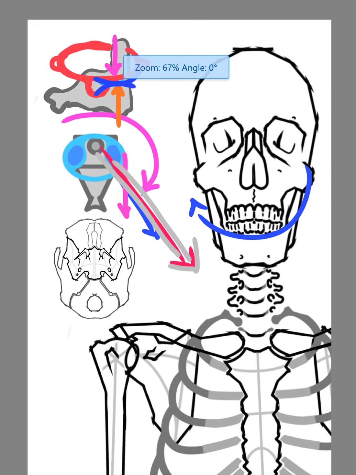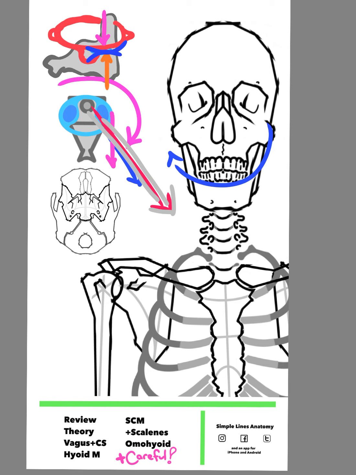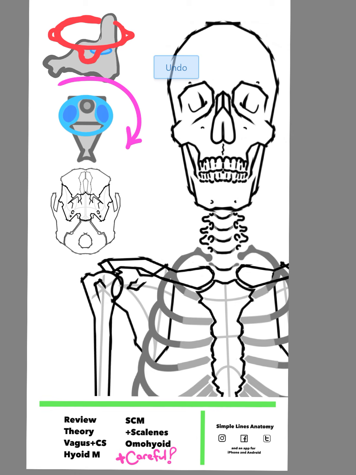So if that's the case, then we could start to see how this joint would be incapable of moving as it once did. That's where we finished off last time.